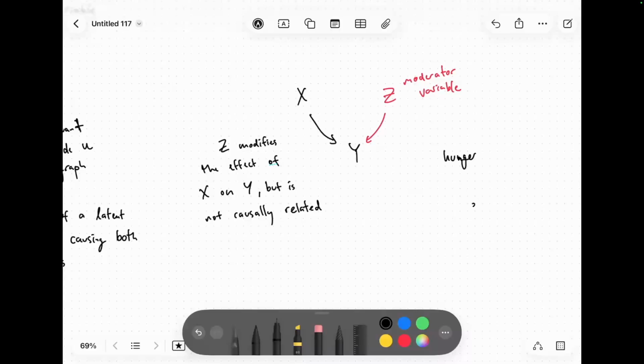So hunger, eating, and then you would have diet choice or something like that. It doesn't affect your hunger, but it affects how much you eat.